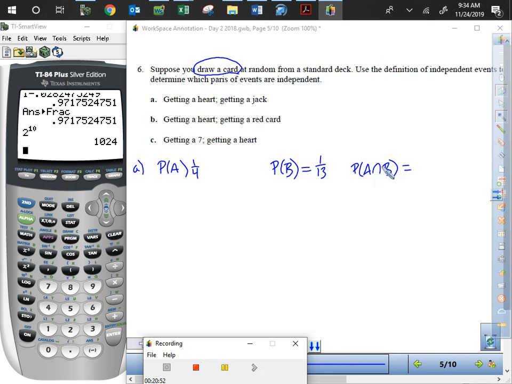Because the intersection means where they overlap or happen at the same time. There is a jack of hearts in the deck of cards, but there is only 1. So 1 out of 52. And now we're going to compare that to those 2 separate numbers that we just got.